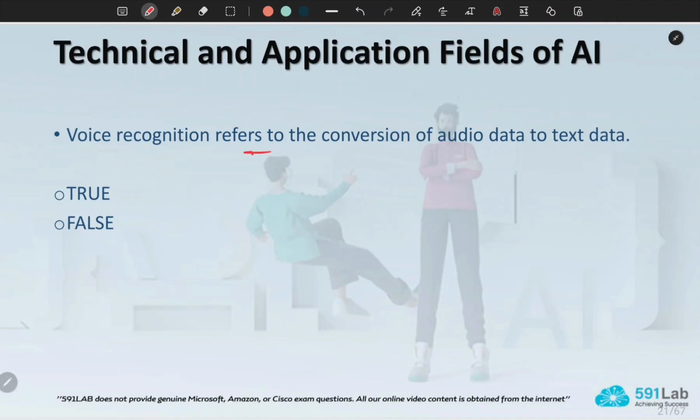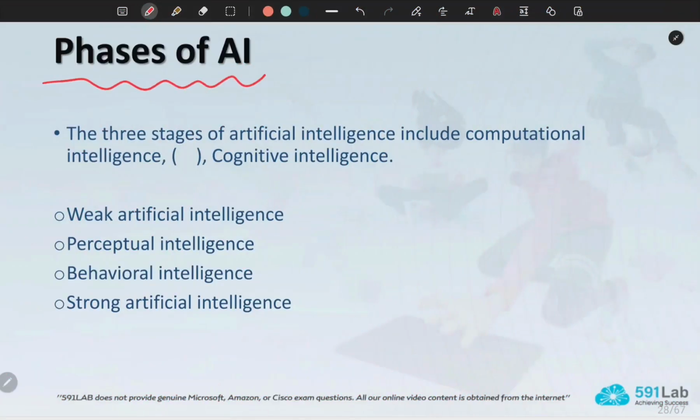Voice recognition refers to conversion of audio data to text data. Is this true or false? The phases of AI, also known as the stages of AI. The three stages of artificial intelligence include computational intelligence, space, and cognitive intelligence. Which is the third one?